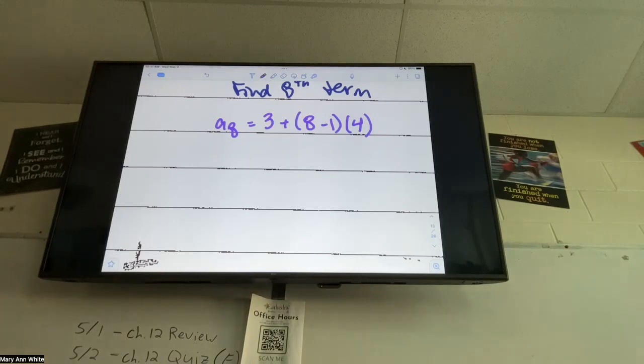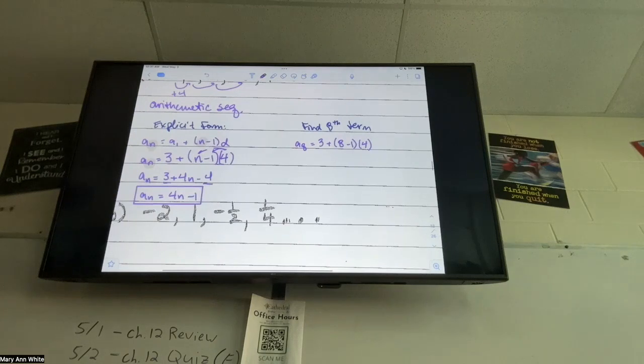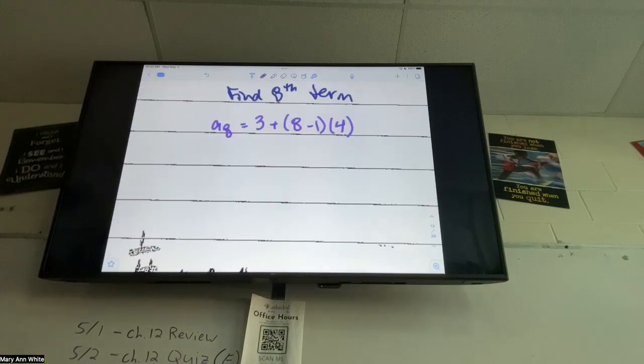You guys okay with that? The only thing that changed from the last time we looked at this equation is that instead of n's, I now have 8's. Now I can simplify this. A sub 8 equals 3 plus 7 times 4. That's going to be 21, or sorry, 28 plus 3 is going to be 31.